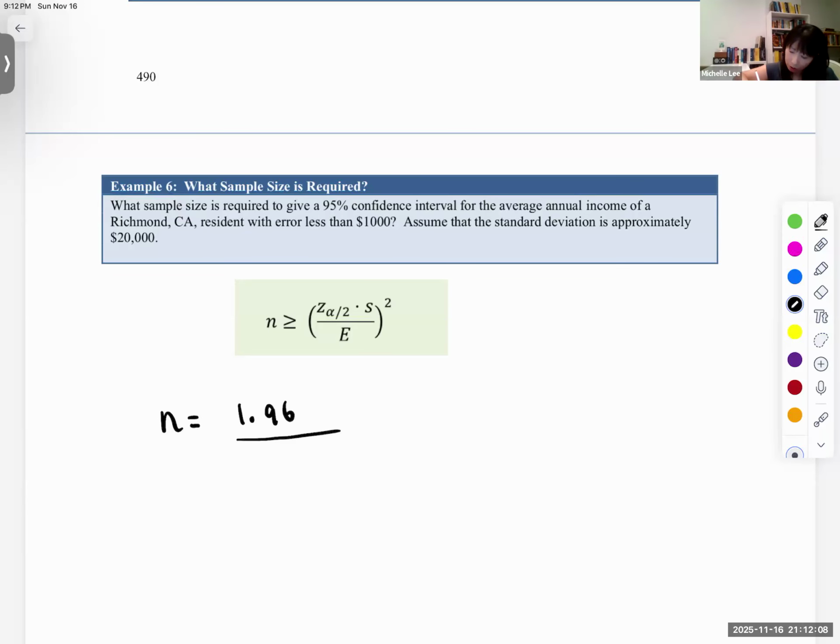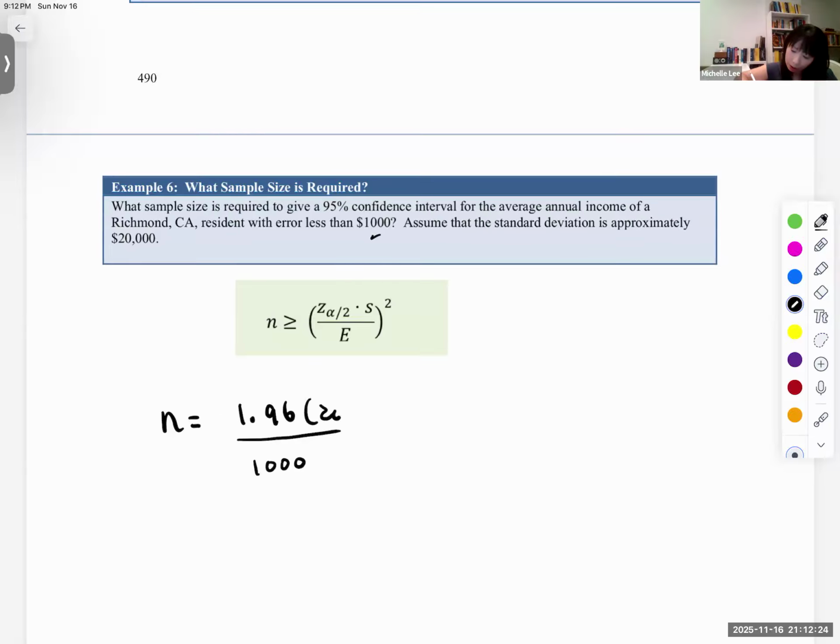And over the margin of error, where is margin of error? Oh, error less than 1,000, so that is the margin of error. And then S, the standard deviation, we have 20,000.